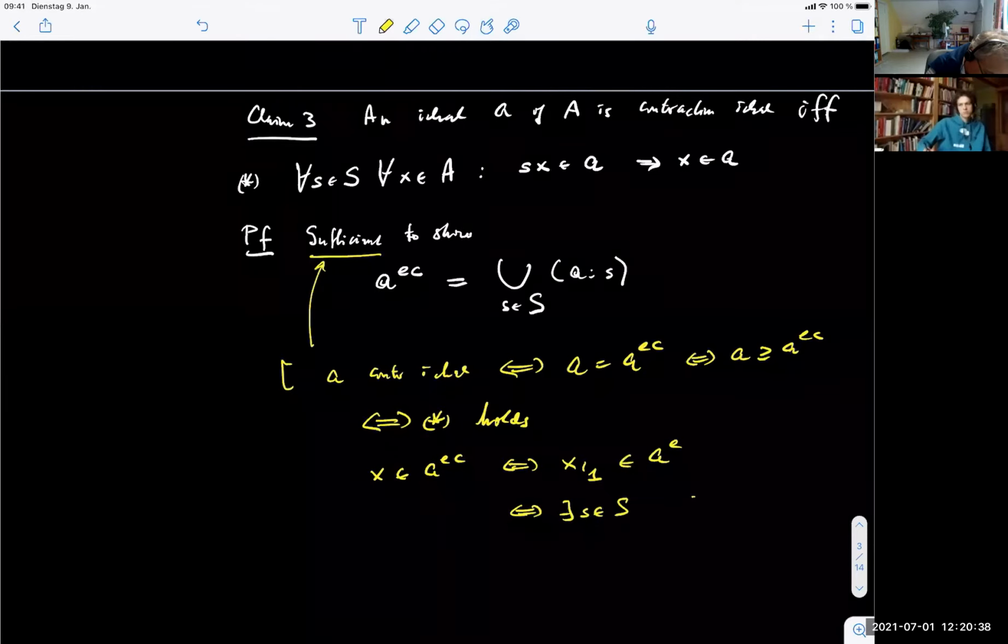I think this means this. Sorry, the notation is really bad.